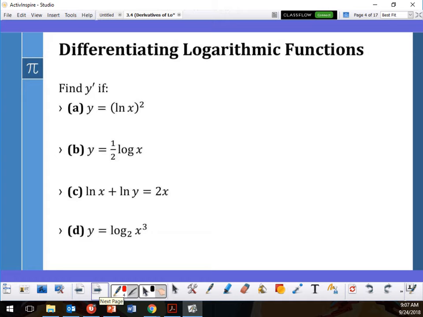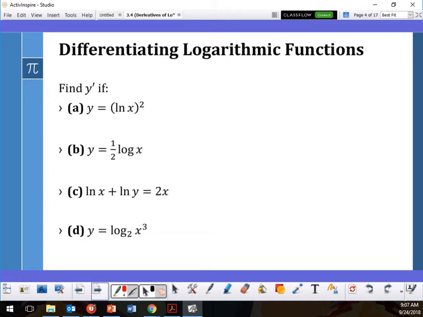All right, so let's take a look at this one. That first one, what do we have? What rule is that? Chain. All right, but what could I do with this thing out front? If I'm squaring the whole thing, what could I do with that too? Put it in front. Very good.